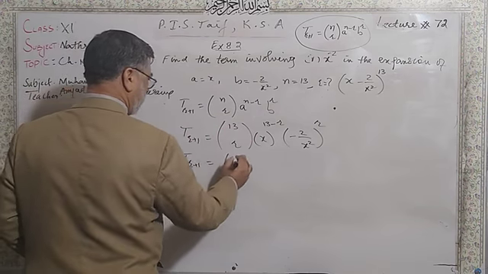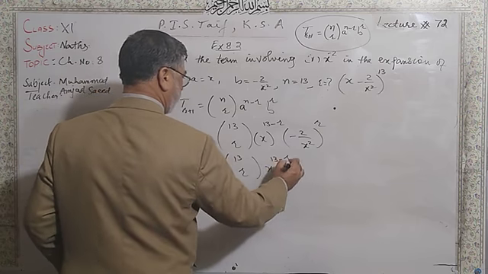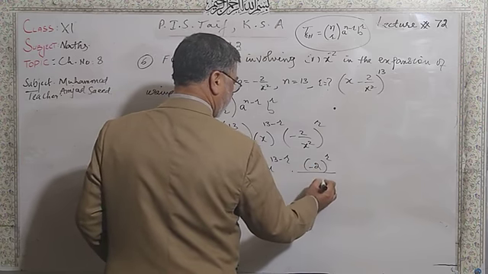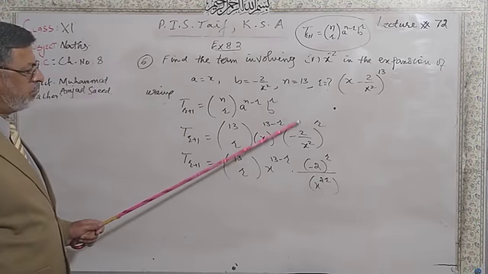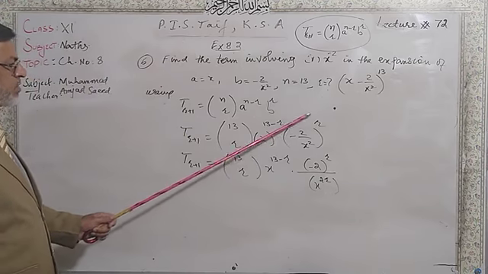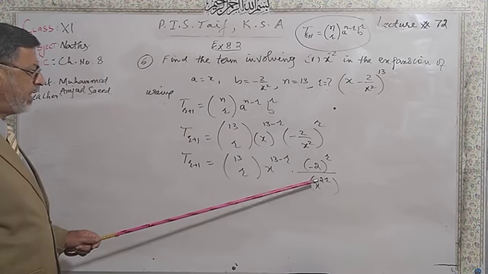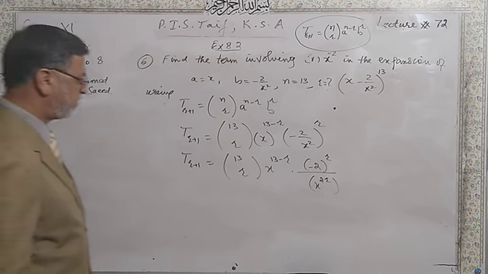T(r+1) is 13Cr, x power 13 minus r, minus 2 power r over x. This r is power on both. Distribute this power. Minus 2 power r, x power r into 2, that is 2r. Bring this x to the numerator.